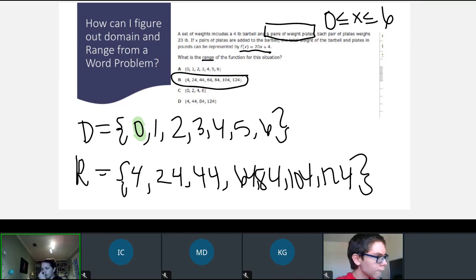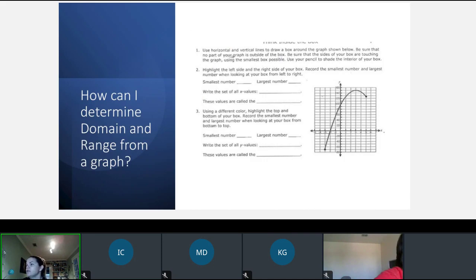Okay, so now what we're going to do is talk real quick about exponential and quadratic functions and how we find the domain and range of those. You're going to see that it's very similar to the linear functions we were just doing on the graphs, but they can be a little bit tricky. So this is called a quadratic.